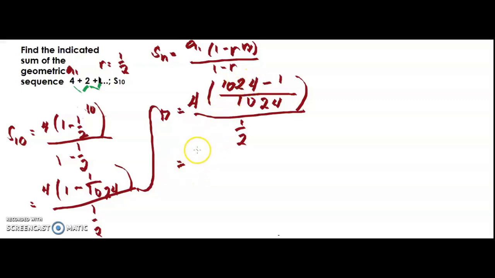Evaluate natin to. We have 4 times 1024 minus 1 is 1023 over 4 over 1/2. Now, this fraction is big.